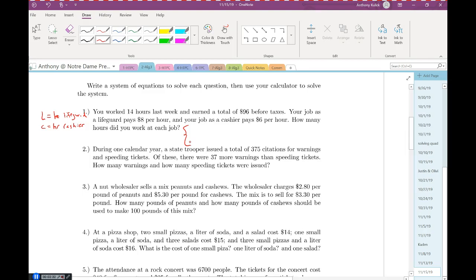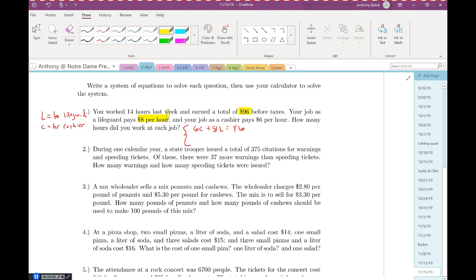Andrew. Okay. So we can say 6C plus 8L is equal to 96. So what Andrew observed is if I get $96 and I make $8 per hour lifeguarding, well, the amount of money I make from lifeguarding is $8 per hour times the number of hours I spent lifeguarding, right?